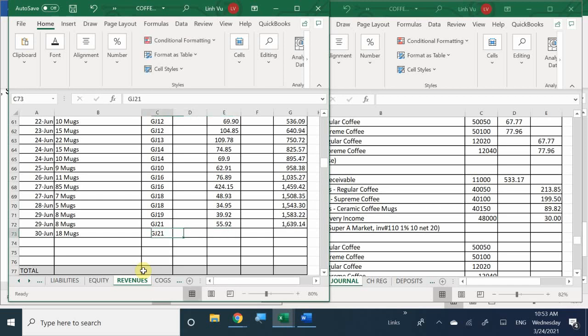Okay, and we sold them for 89.82. Oh, wrong side. 89.82. So what is my grand total balance here? 1728.96.